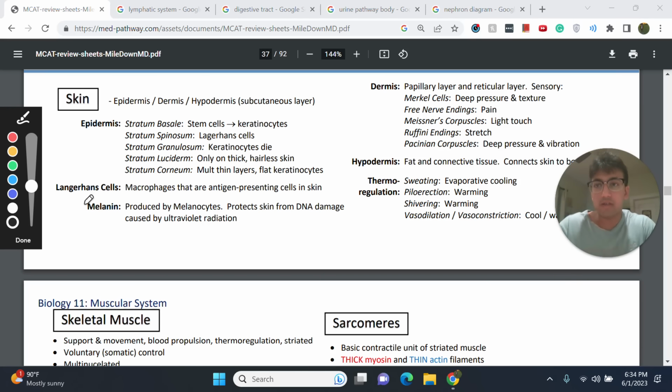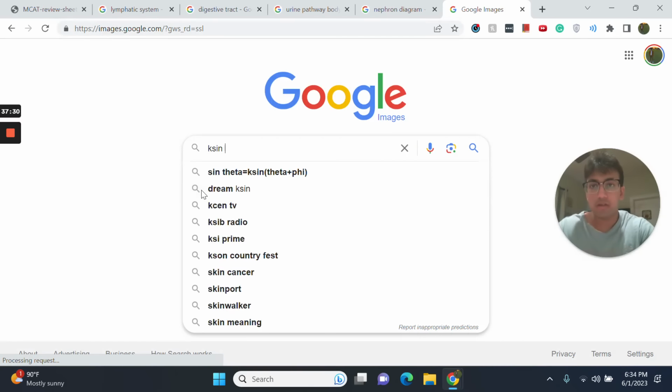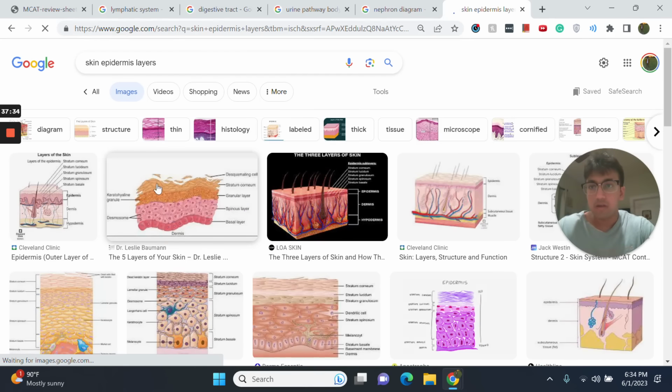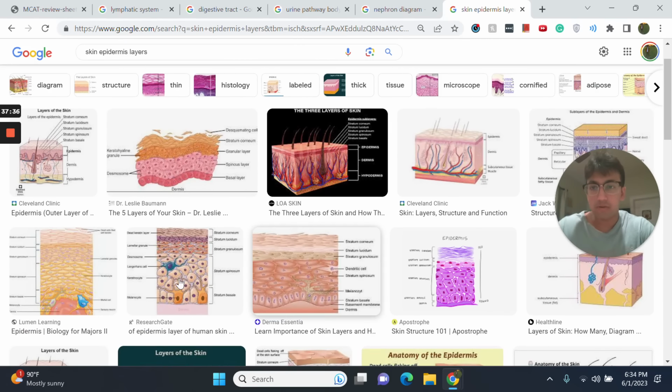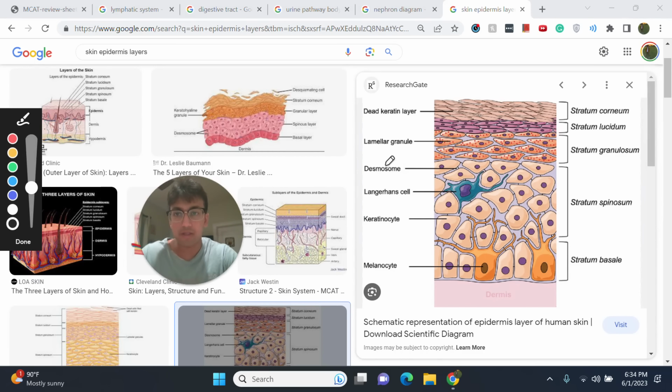So if you look up skin, epidermis, layers, okay, this is a pretty good diagram that we looked at in med school also when we were learning about the skin.